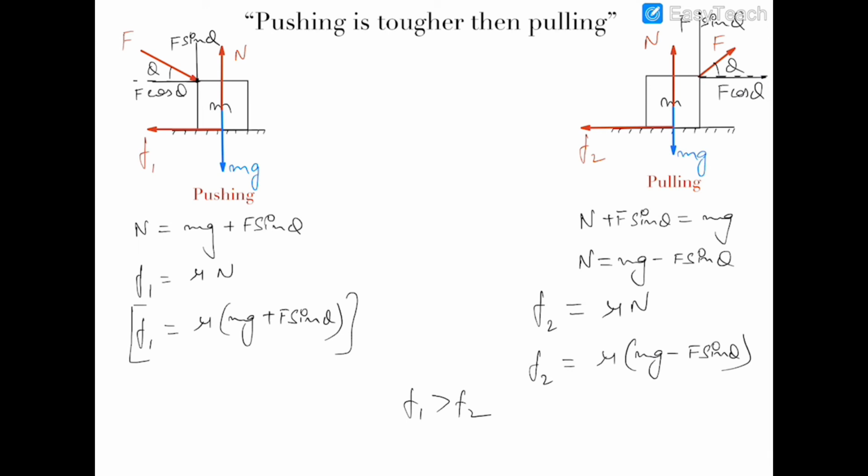So due to the variation in normal reaction in pushing and pulling, the friction varies, and the friction acting in the case of pushing is greater than the friction acting in the case of pulling.